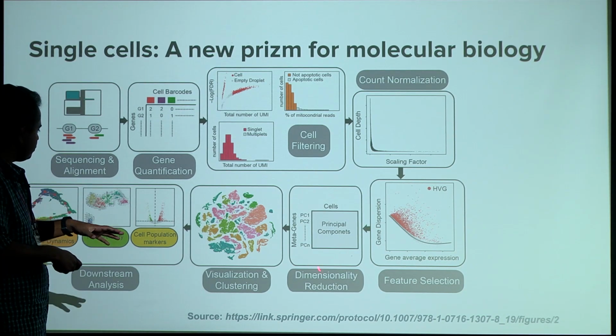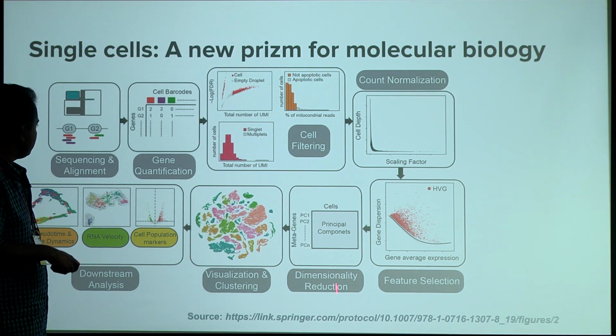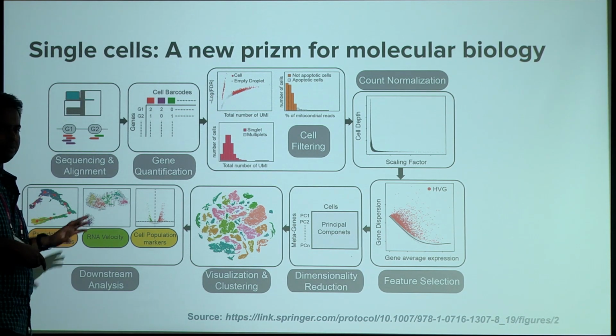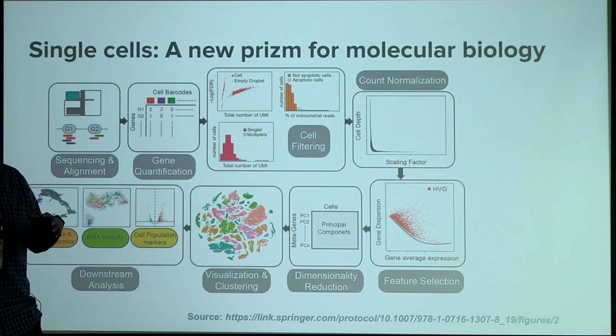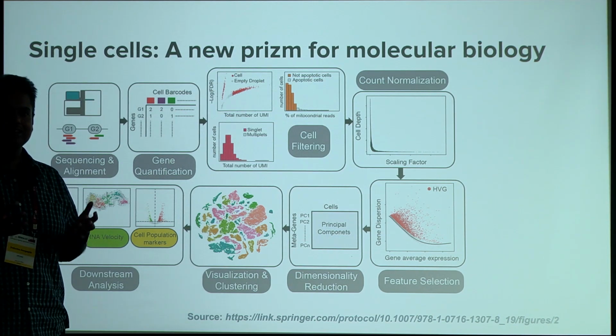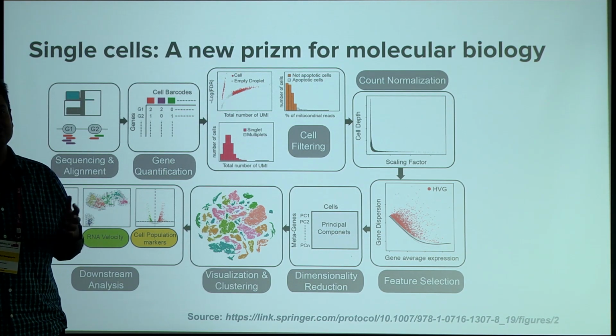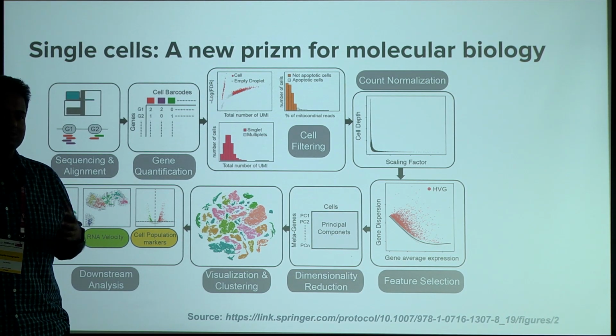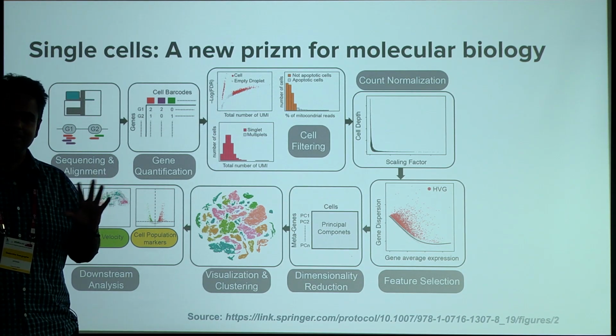Right? You'll have to find the feature genes, you'll have to do the dimensionality reduction, and so on and so forth. Right? We'll talk about a few of them today. We'll talk about dimensionality reduction, we'll talk about clustering, how to cluster very large single cell data in a very small amount of time. We'll talk about rare cell discovery and a little bit of differential expression analysis, right?